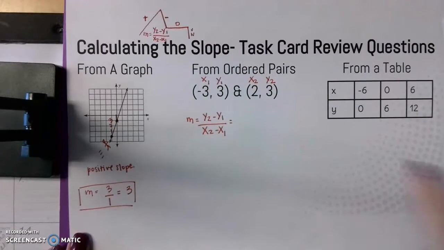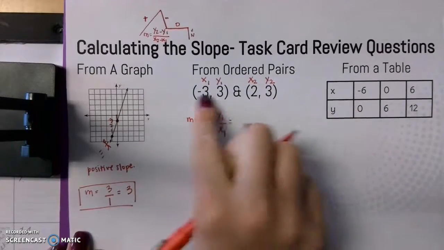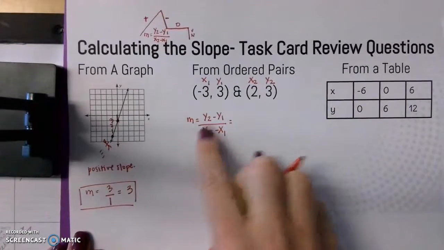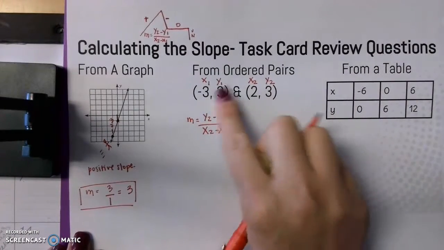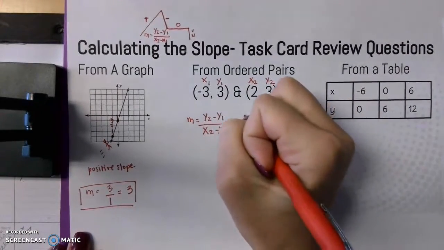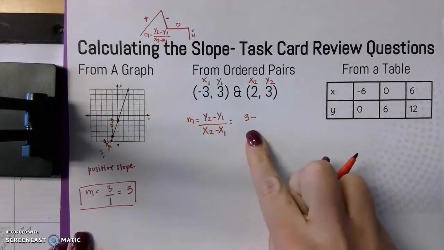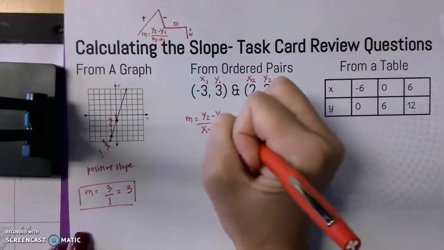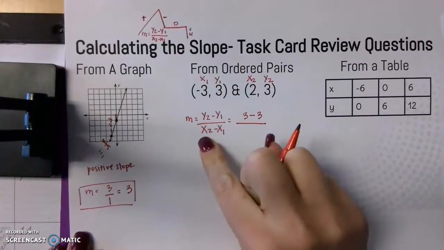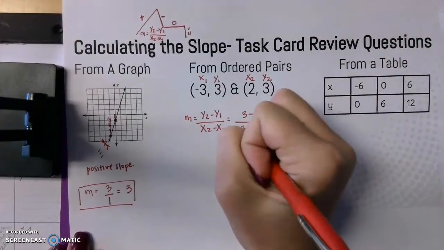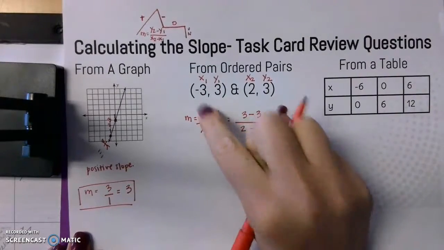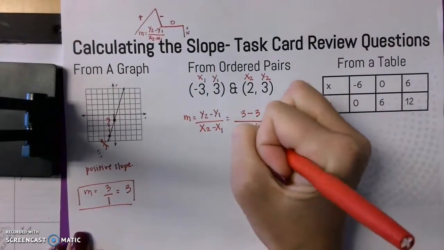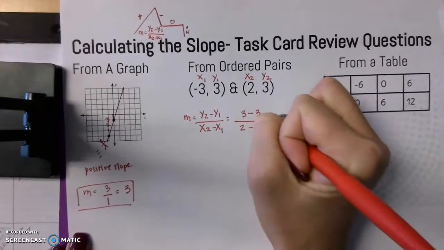So now we're going to plug in the points that we labeled. y2 is 3, so I'm going to have 3 minus y1, which is 3, over x2, which is 2, minus x1, which is a negative 3.